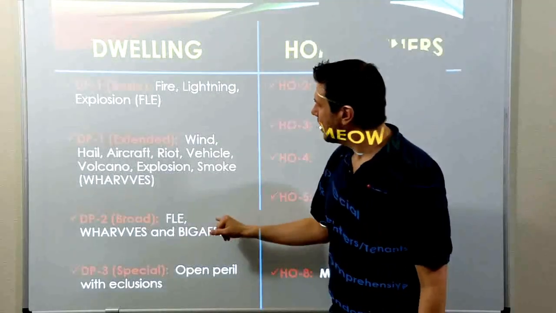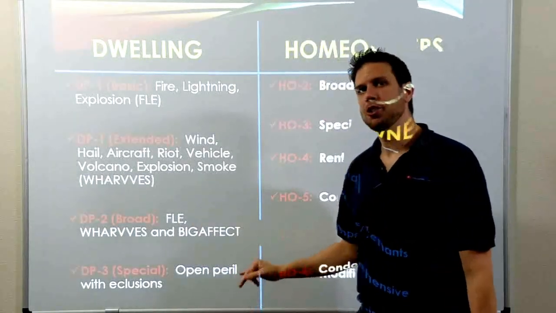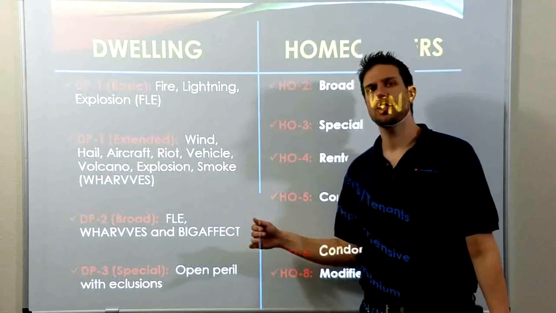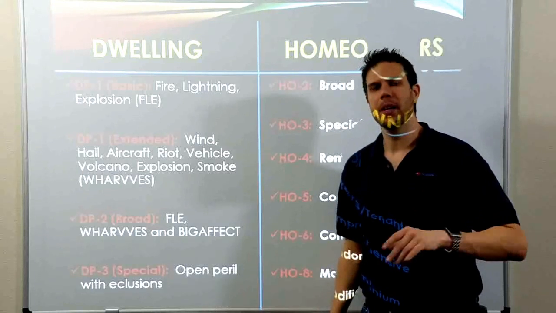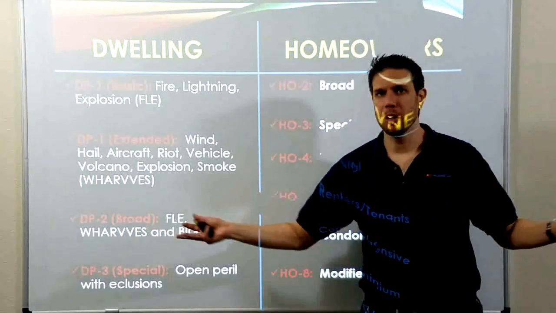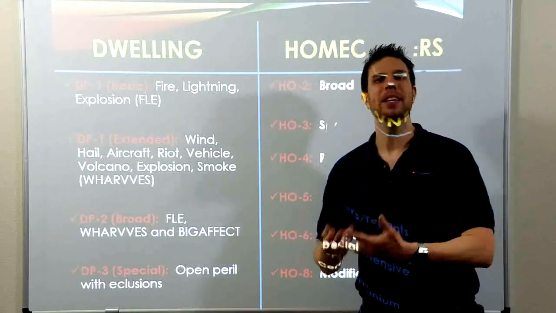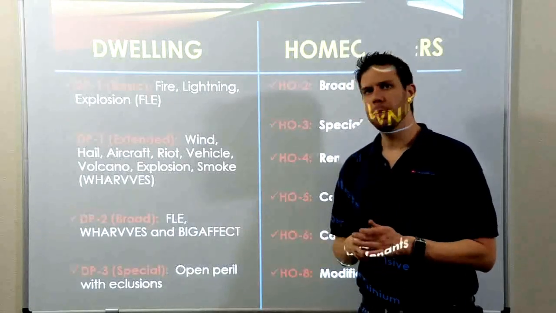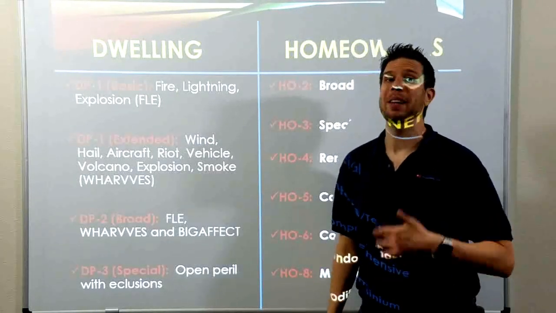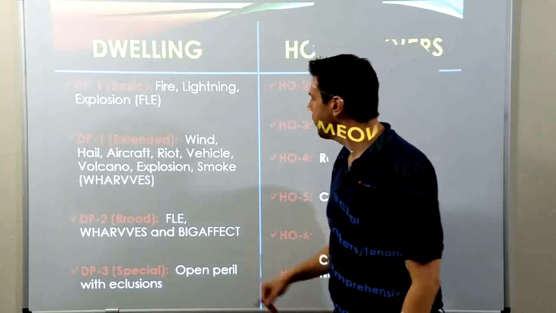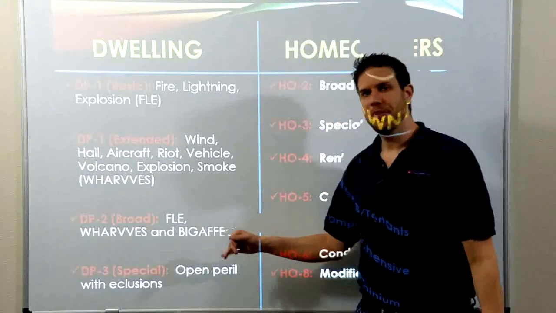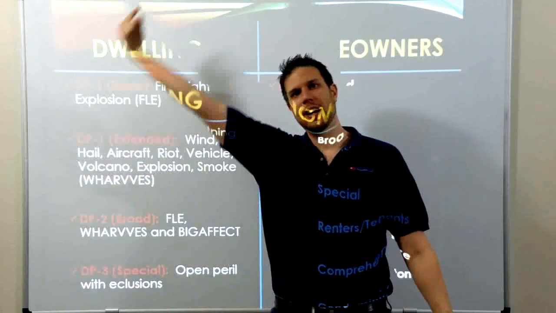Burglary, ice, glass, accidental discharge. Accidental discharge is a bursting water heater or a bursting pipe. If your pipes burst accidentally, immediately, then it's covered. But water damage over time is not covered. Falling objects, that's things that fall from outside the house in.